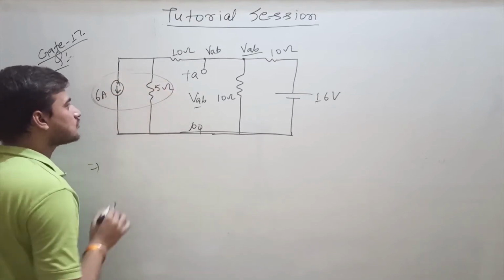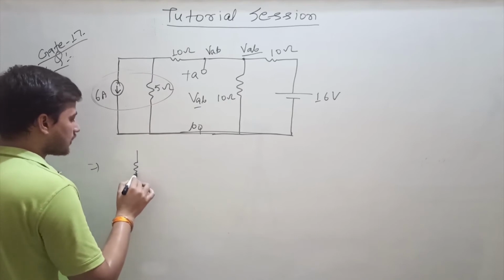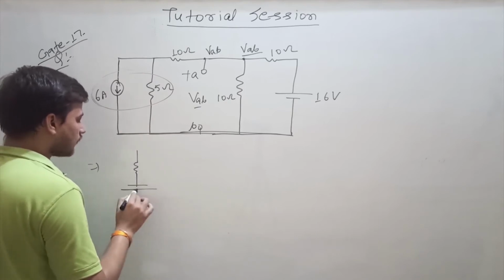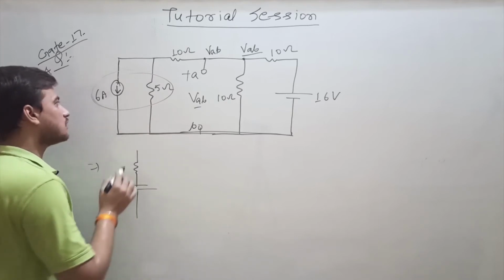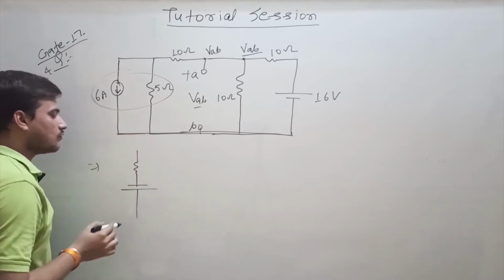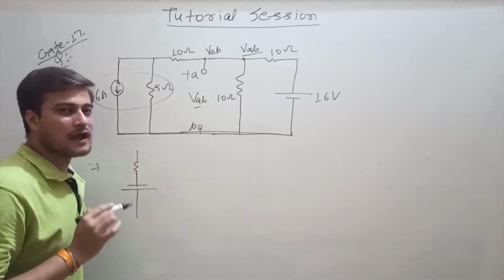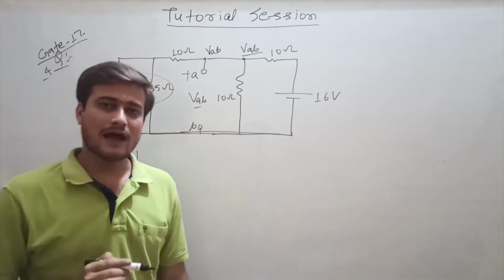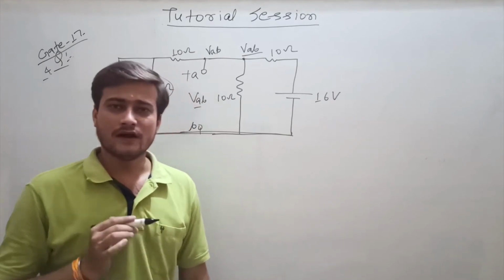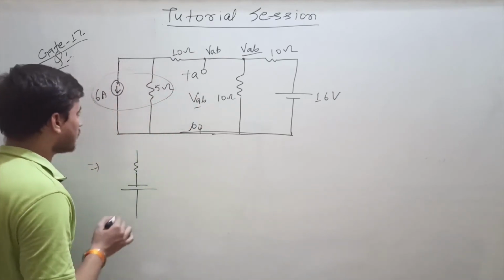This current source will be converted into a voltage source. The direction of the voltage source will be downward because the current is also downward. In source transformation you must always take care of the direction of voltage and current.